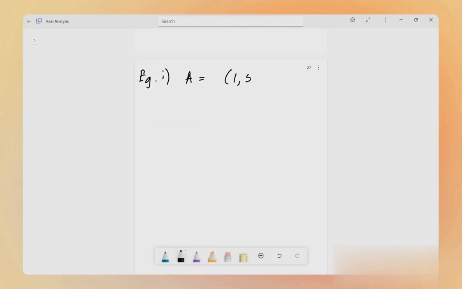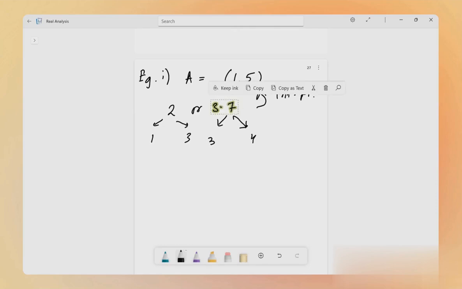Let us take the first example. Let's take A, which is (1, 5), an open interval. Any point like 2 or 3.7 is an interior point because we can always find a small interval around it that lies fully in A. For example, it can be (1, 3), or here it can be (3, 4). Anything.